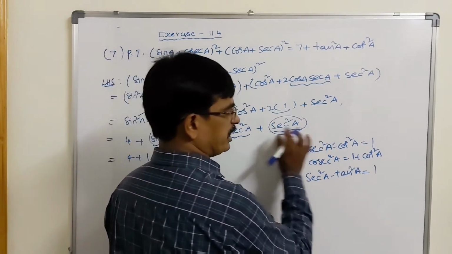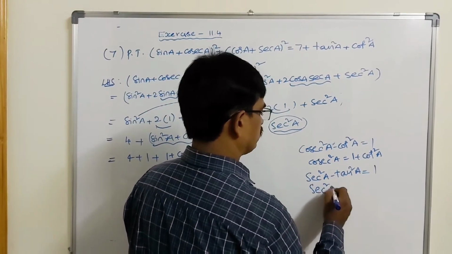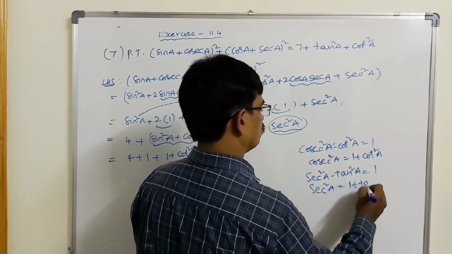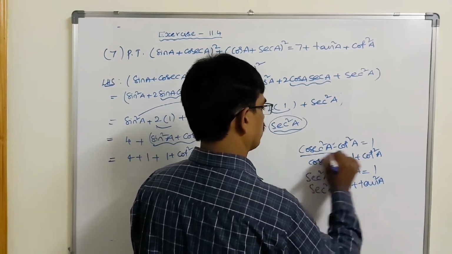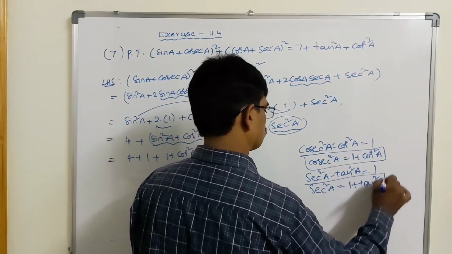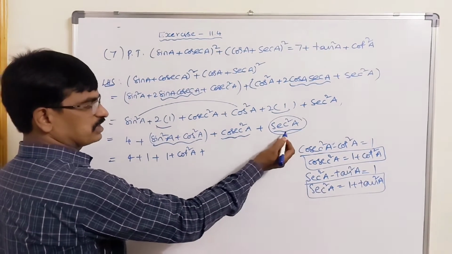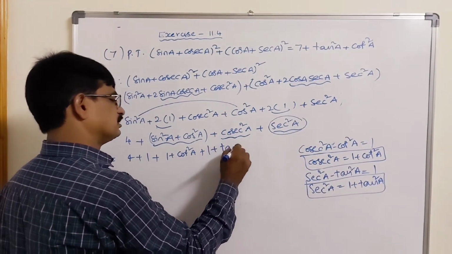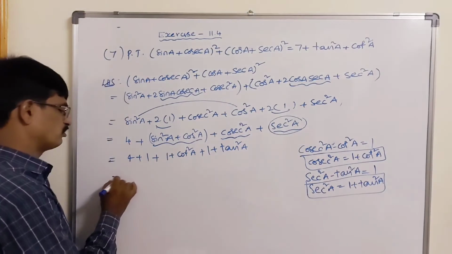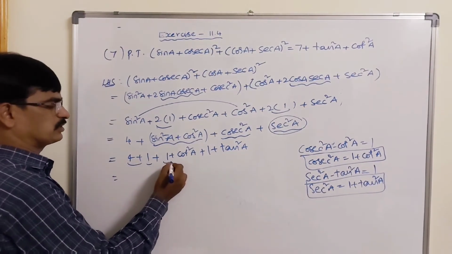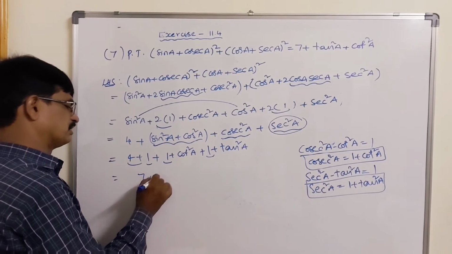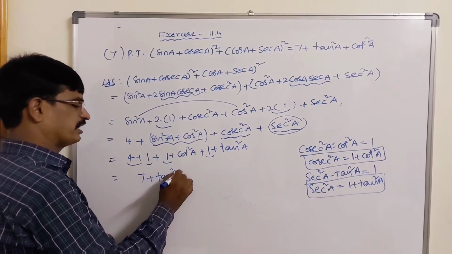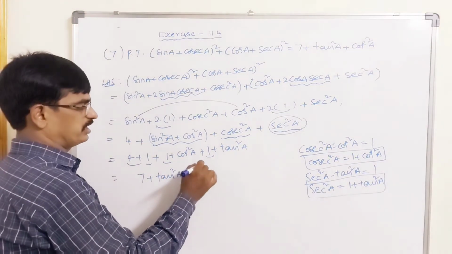Make secant square A the subject, then secant square A is equal to 1 plus tan square A. Now instead of secant square A, replace this value, 1 plus tan square A. Now 4 plus 1, 5 plus 1, 6 plus 1, 7 plus tan square A plus cot square A is the required answer.